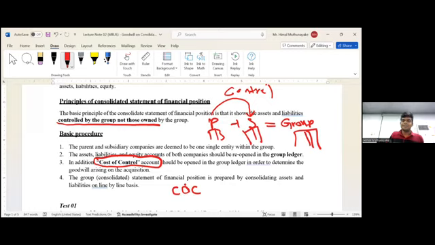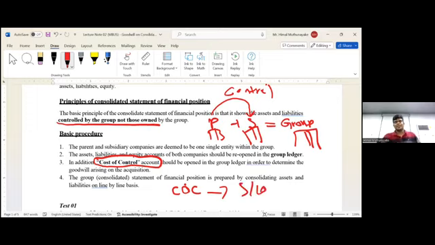We call it the cost of control account in the consolidation process. It is a very important account. In our examination, this cost of control account will get 5 to 10 marks.